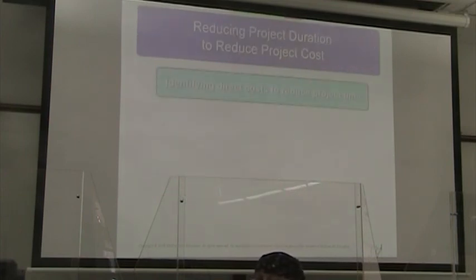All right, so first of all, we've got to know what our costs are when we're reducing project time. Ordinarily that will be the direct costs of the project. In other words, labor, materials, parts, things of that nature.